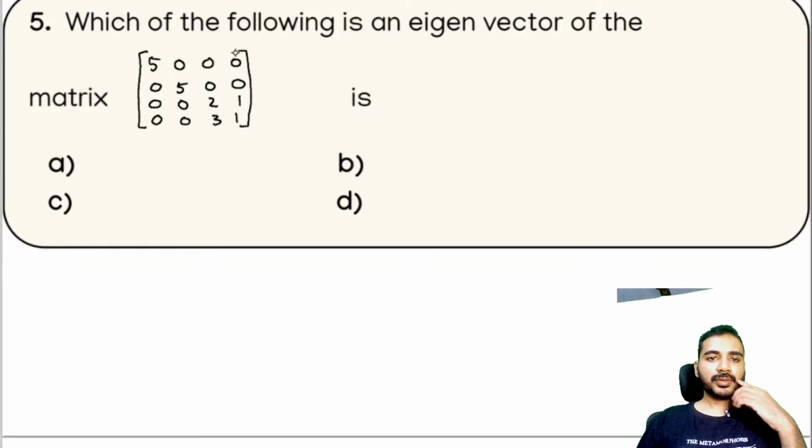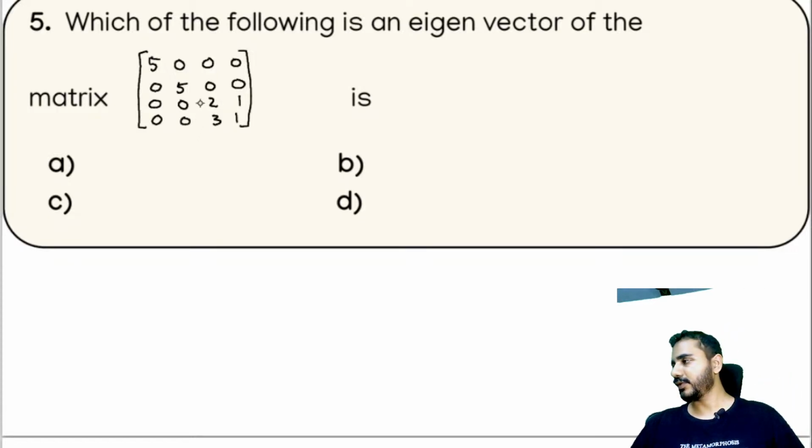Which of the following is an eigenvector of the matrix? The question is not complete here, I'll complete the question first.